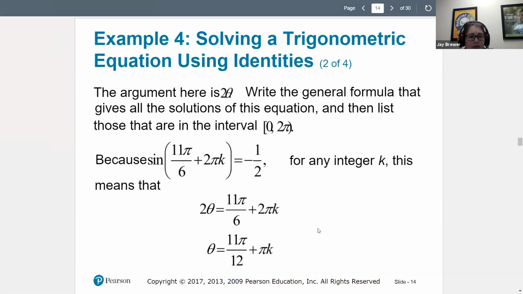So when we think about 2 theta on this interval, you're looking at 11 pi over 6 plus 2 pi k is equal to -1/2 for any integer k. But you have to think about your interval. And obviously we're used to working with theta, not 2 theta, so you have to figure that part out.